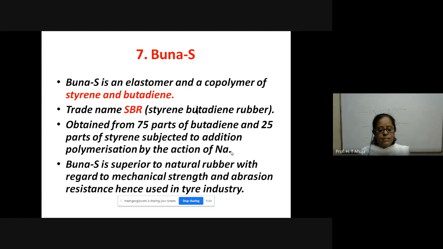Now, Buna-S is superior. We have already studied one elastomer, that was natural rubber. Buna-S is superior to natural rubber with regard to mechanical strength and abrasion resistance, hence used in the tire industry.